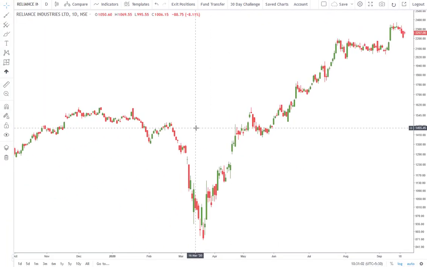Earlier in this video, we said that when using an intraday or a daily chart, it does not really matter whether you are using a linear scale or a log scale. To understand this visually, let us first shift from the daily time frame to the hourly time frame.